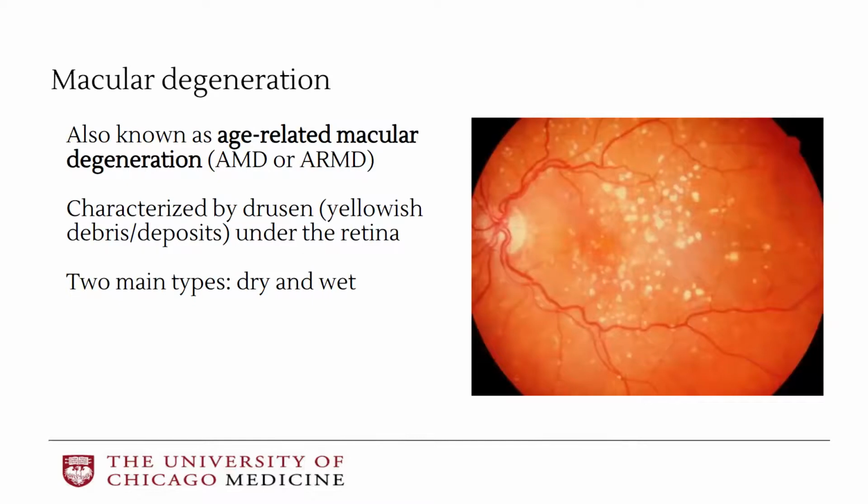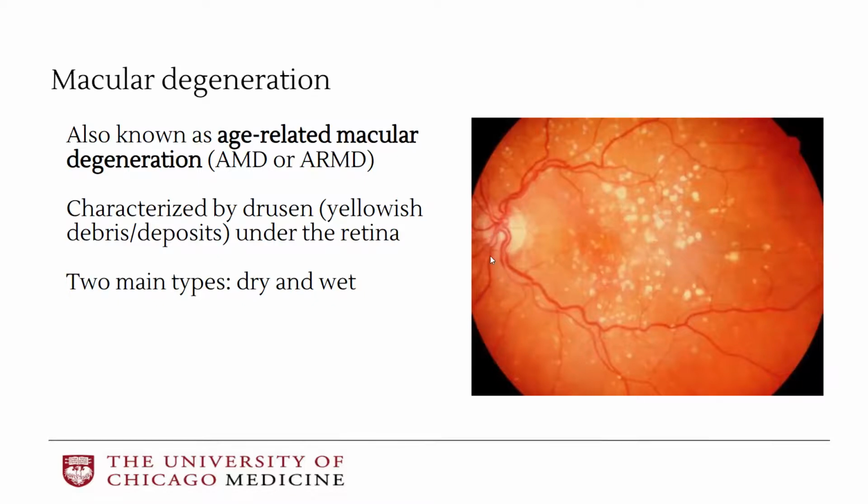So macular degeneration is also known as age-related macular degeneration, or AMD or ARMD. It is characterized by drusen, which are yellowish debris or deposits under the retina, and you can see them in this photograph. This is a photograph of the retina, and there's an optic nerve, which is a round yellowish disc. There are these red squiggly lines coming from it. Those are blood vessels, both arteries and veins.